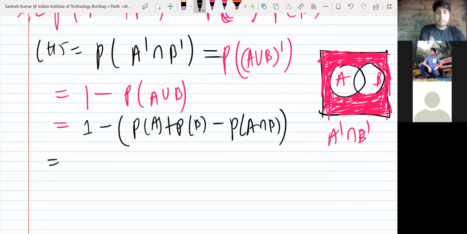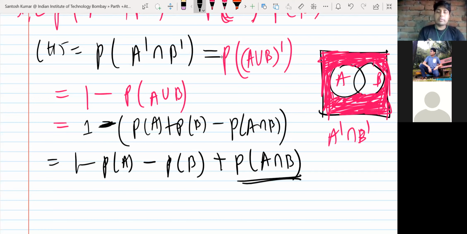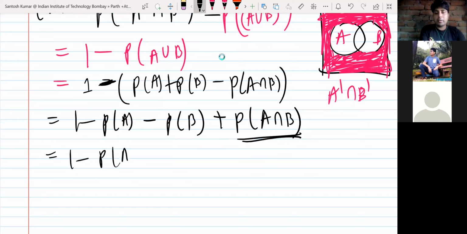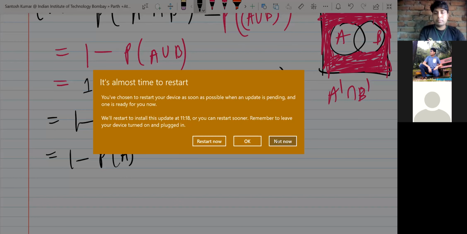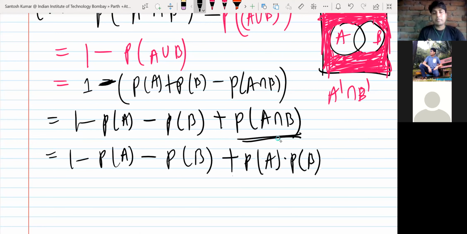So let's open it. 1 minus probability of A minus probability of B. Since the minus is outside, that will change the sign, plus probability of A intersection B. Now we were given that probability of A intersection B is PA into PB. So 1 minus PA minus PB plus PA into PB, since it was given.